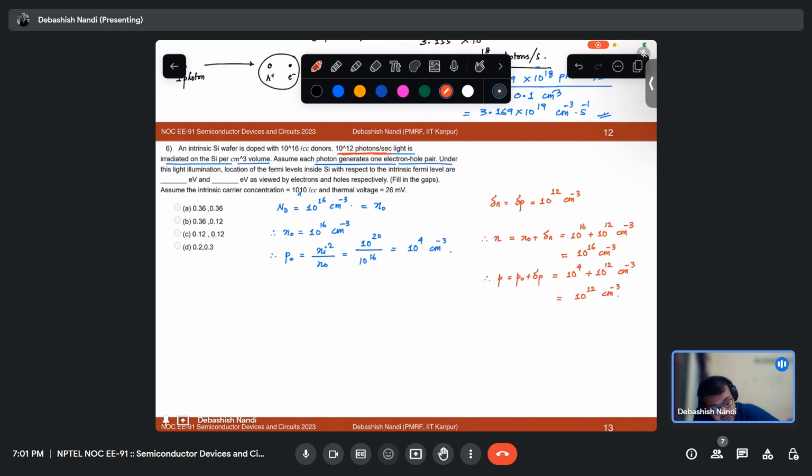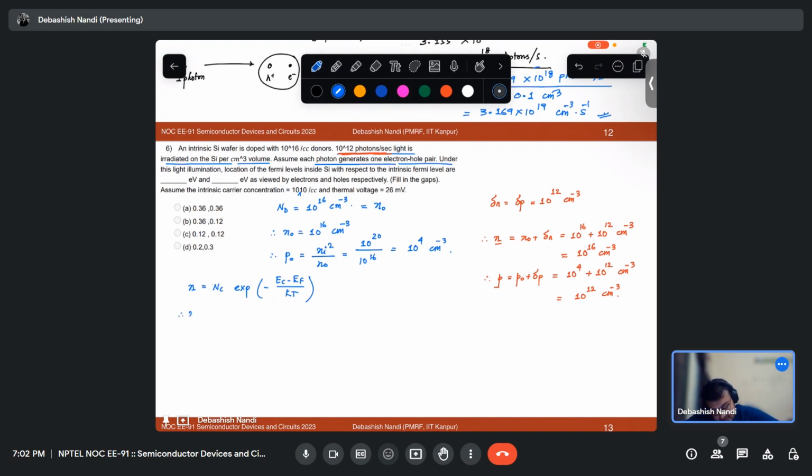So now you know your N and P. Now it is asked, under this light illumination, the location of the Fermi level. Just tell me one thing: N, what is it with respect to Ni? You can compute it from this: N equals NC exponential minus EC minus EF over KT. You know this formula, right?